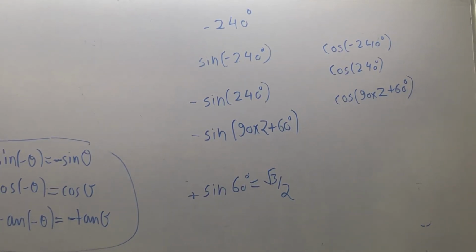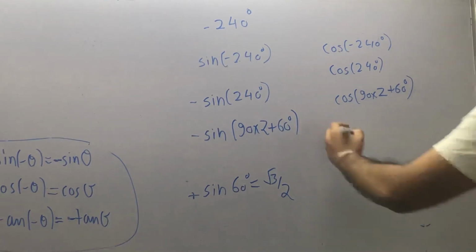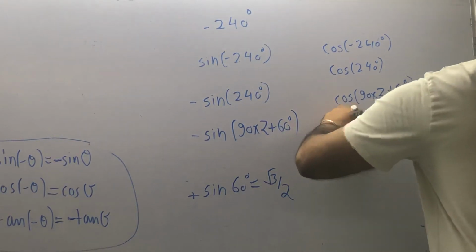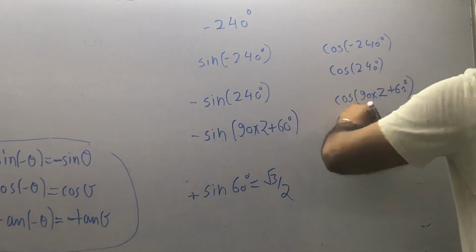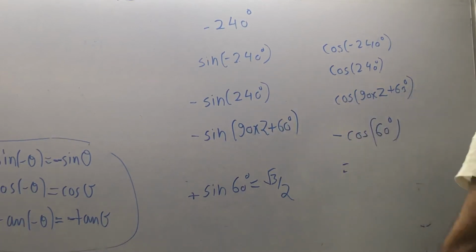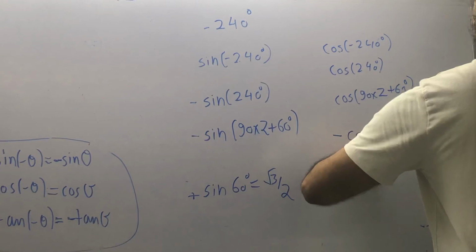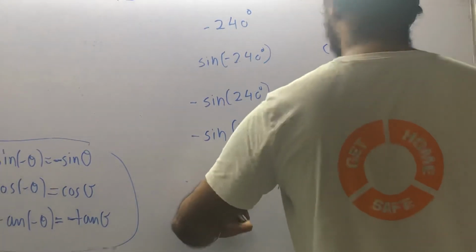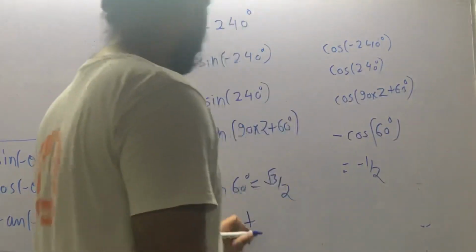Cos is negative, so the negative sign will come outside. 2 is even, so cos will remain cos. So cos 60. So what is minus cos 60? Minus 1 by 2.